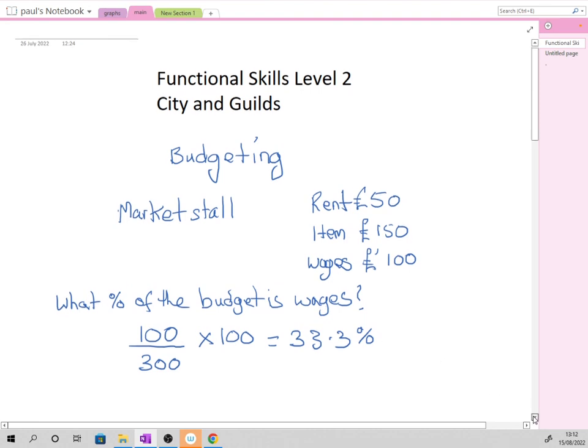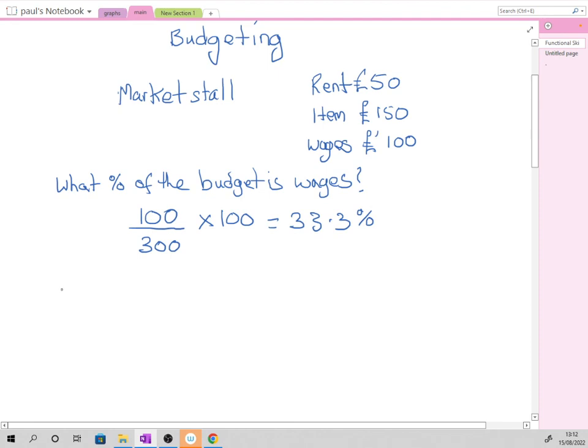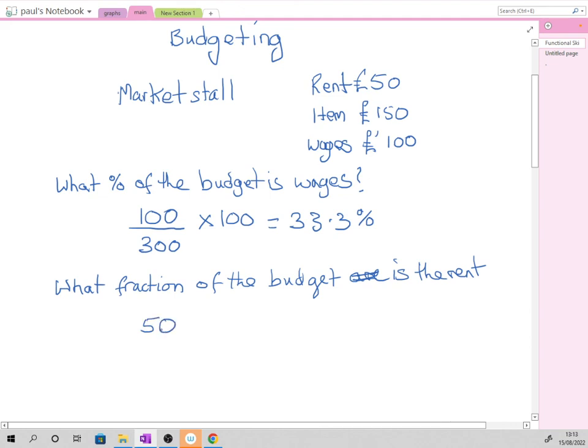Now, they could ask again, we'll do the same one before we have a look at some: what fraction of the budget is the rent? So the rent is 50, and the overall, remember, it was 300.